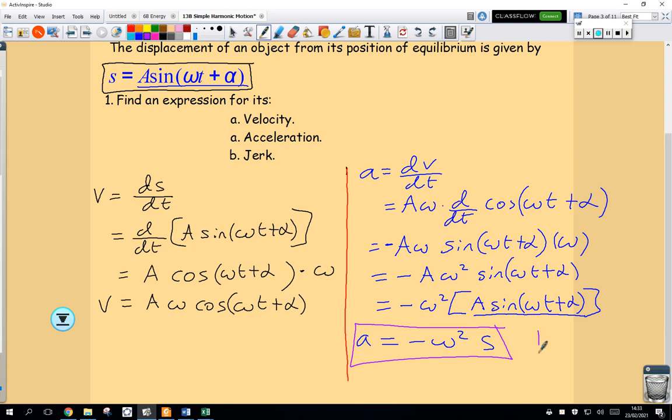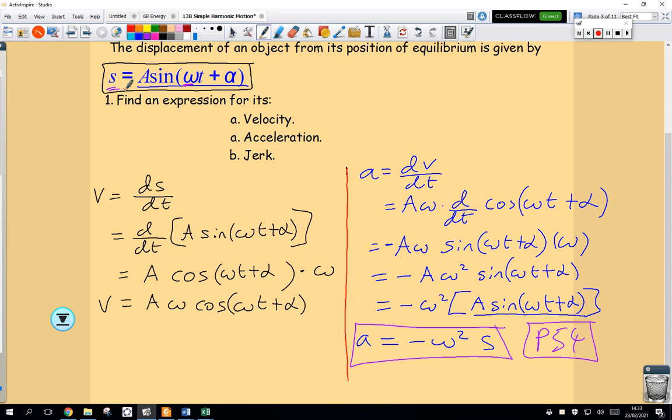Notice that's a little formula on page 54 of your formula and tables booklets. That's a really useful thing to know, and it's going to be very helpful for problem solving. I can find the acceleration. It's always going to be the negative of omega squared times s, the whole displacement function.